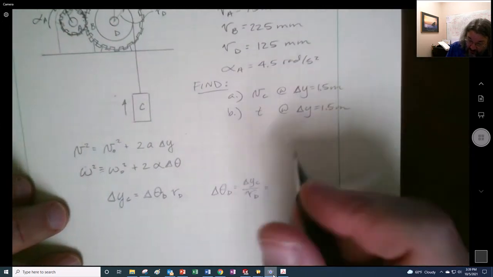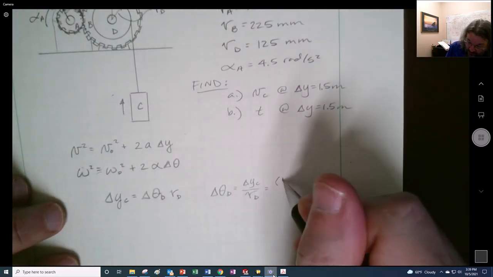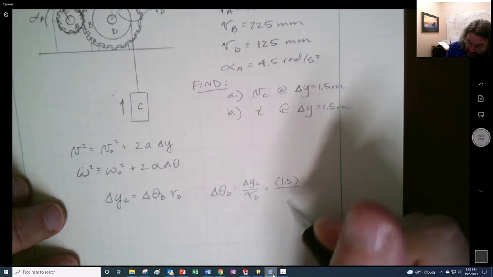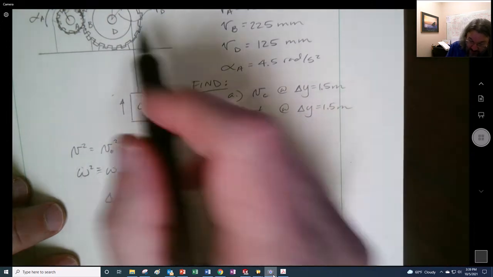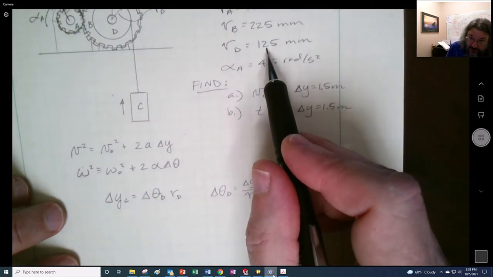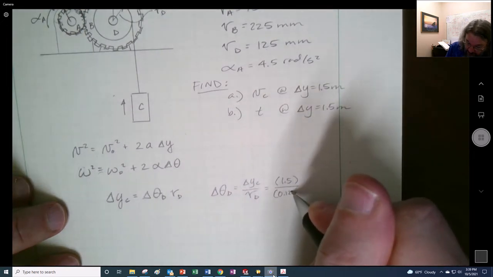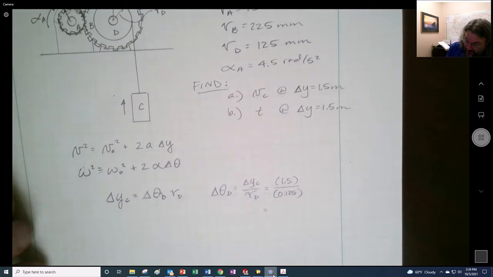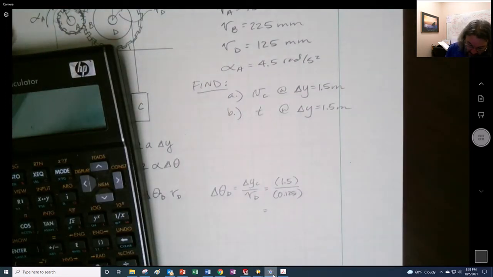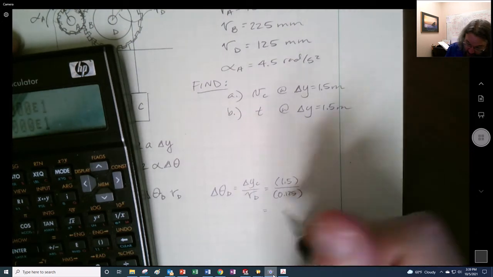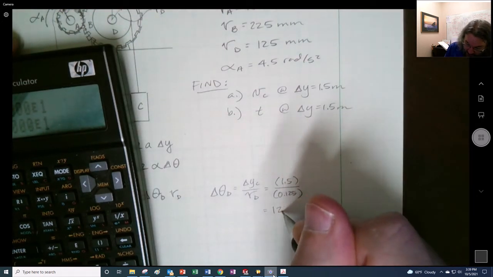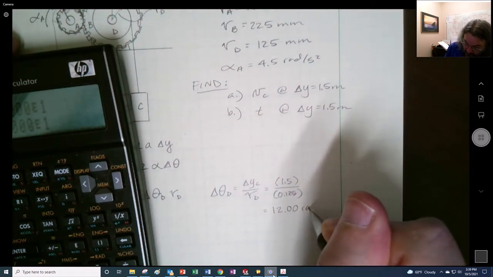So if this thing has moved up 1.5 meters, we want to divide by the radius of this, right? So it's 0.125. We have 1.5 divided by 0.125, and we get that it's going to move 12 radians.